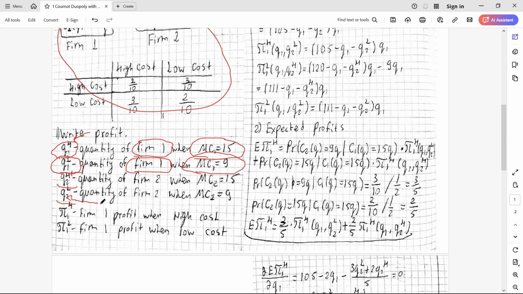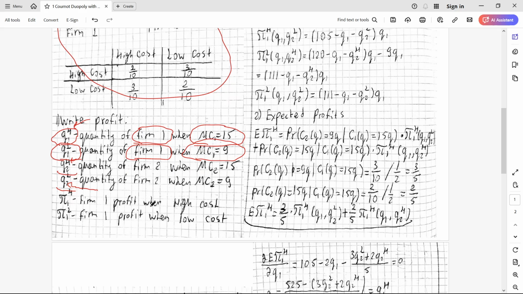And I also introduce notation for profits. So this is, for example, profit of firm 1 when they're of high type and profit of firm 1 when they're of low type. And basically, the firm will have to maximize this separately and this separately. So high type firm would only look at this, low type firm would only look at this and choose their quantities.